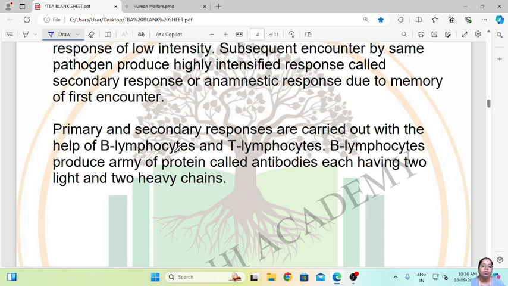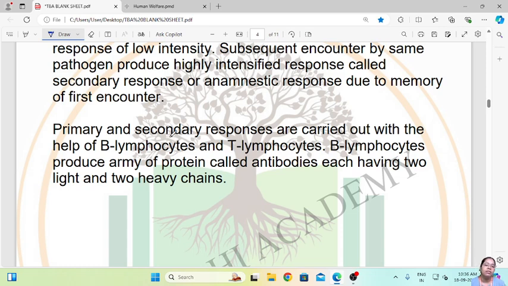So lymphocytes are the white blood cells, which are T lymphocytes and B lymphocytes, and the antibodies are produced against those diseases. So this is how acquired immunity can help against the disease causing organisms.